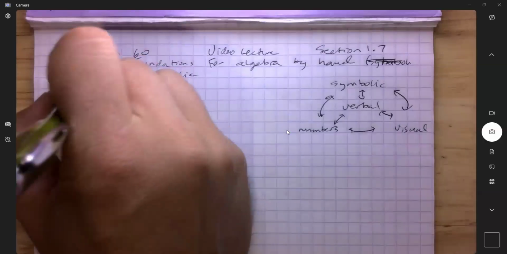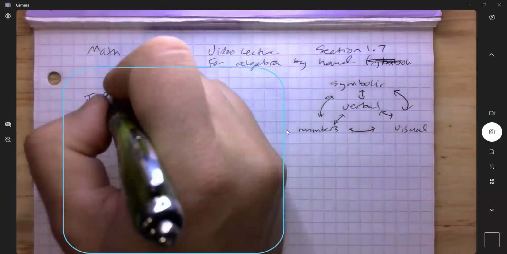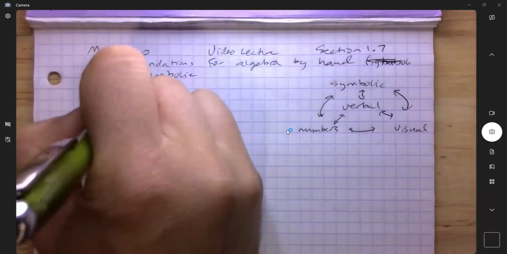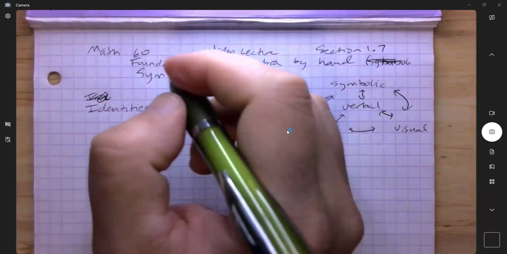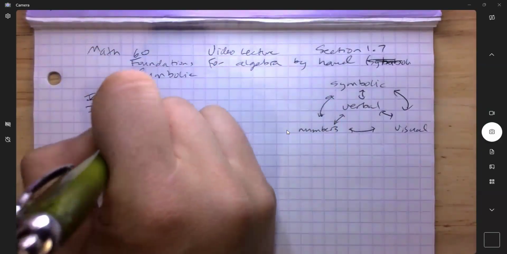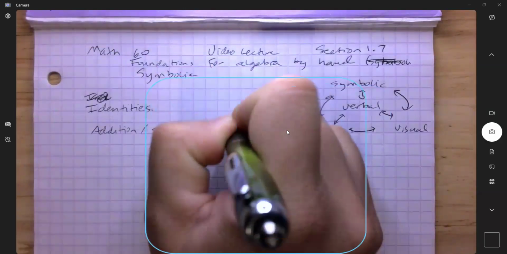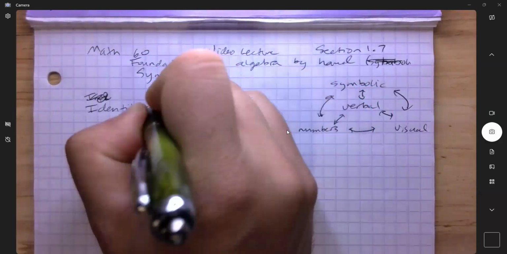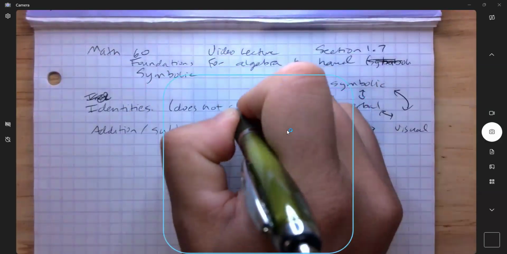So first piece of information is what are called identities. There are two that we're going to look at right now. There's an addition, subtraction identity. An identity means a lot of things, but in this case does not change.